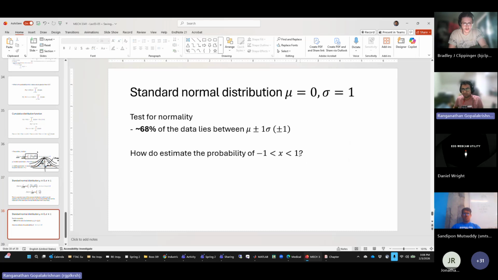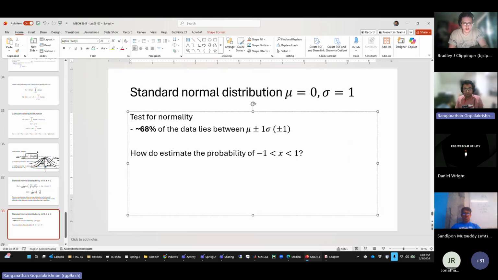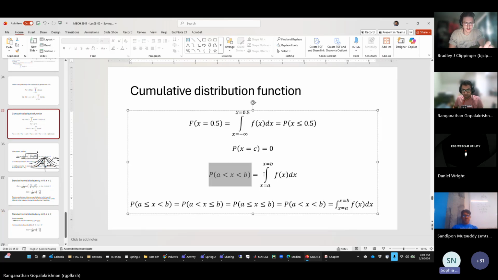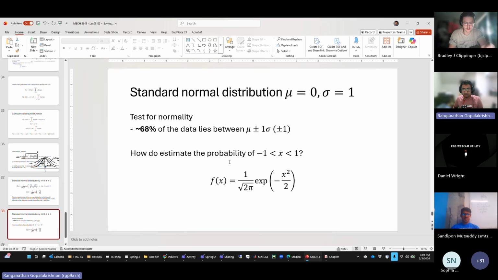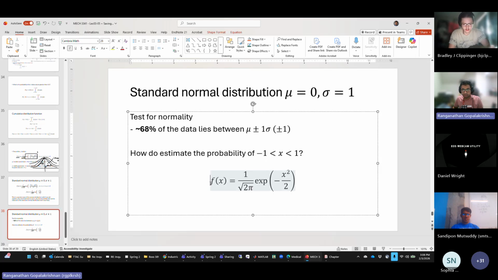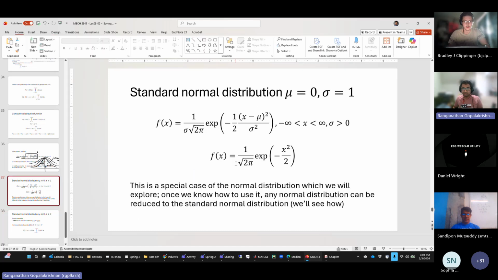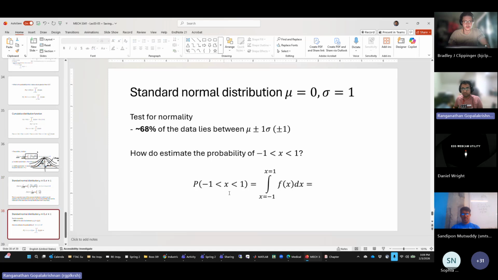Is it the integral from -1 to 1? Correct. So that will be the probability, in this case from minus 1 to plus 1. That will be the integral from x equals minus 1 to x equals plus 1 of f of x dx. But you know what f of x is. You take this function, slip it in here.